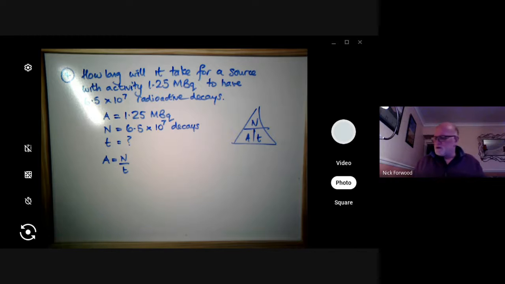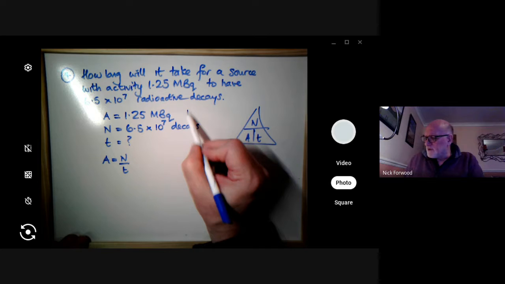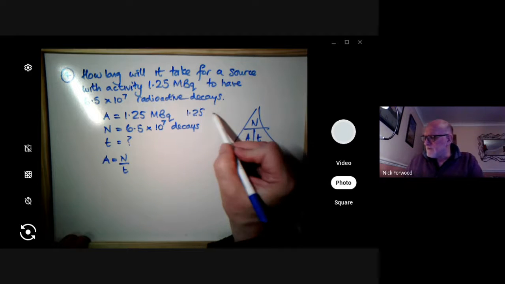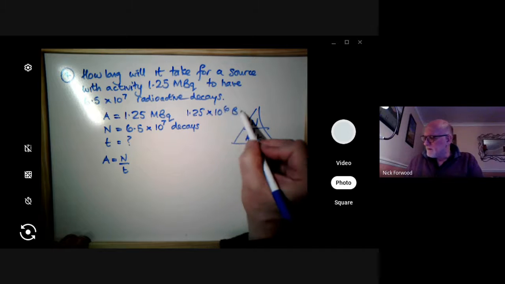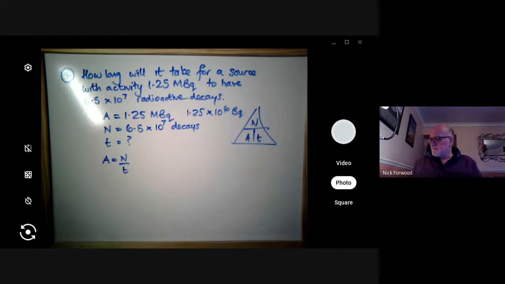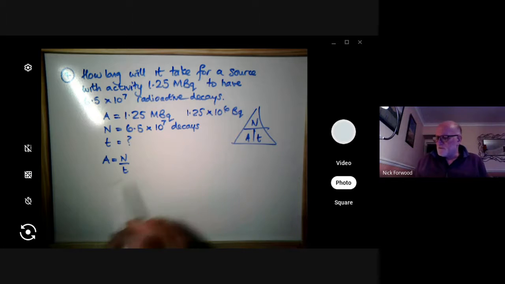So you're going to have to change mega into the proper number, 1.25 million, times 10 to the power of 6 becquerels. Okay, so you must do that. So TUP for now, table is done, prefixes is done, formula is done. We can now put the numbers in.